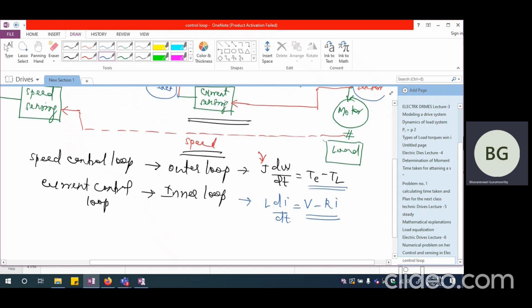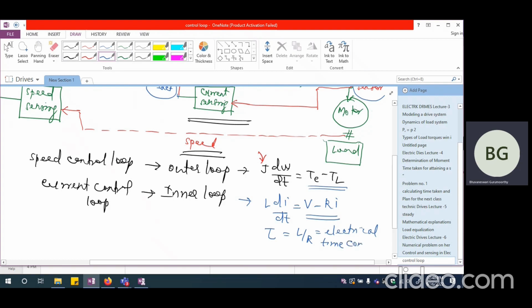So here the time constant involved is tau, which is in all probability L by R. This is the electrical time constant, which governs the time duration taken for controlling the current.